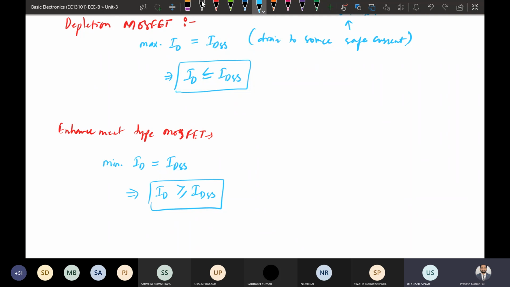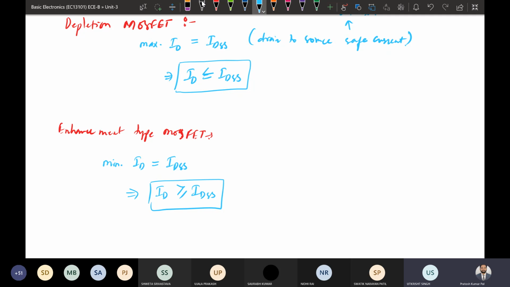We already know JFET is always operated in depletion mode only. But this N channel depletion MOSFET or P channel depletion MOSFET can operate in depletion as well as the enhancement mode.